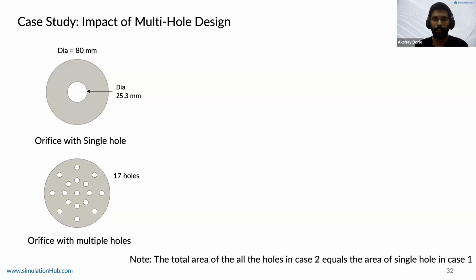So again, I would like to throw this question to you and let me know your opinion. What should be the incipient cavitation index? Which one do you predict has the higher incipient cavitation index, or which one is likely to cavitate first? I'll just wait for a few seconds.